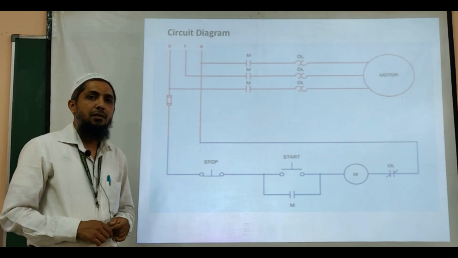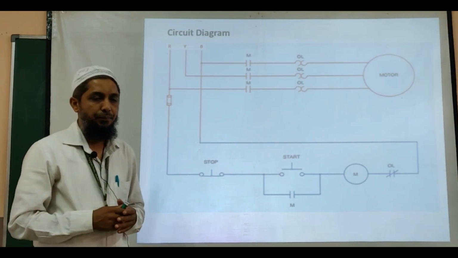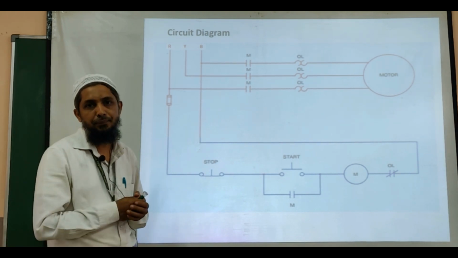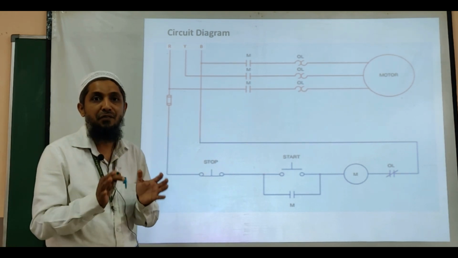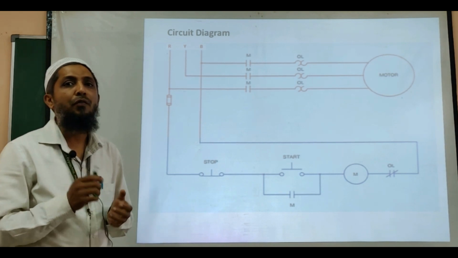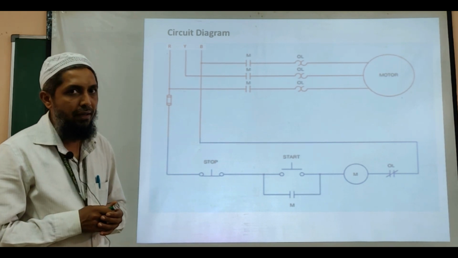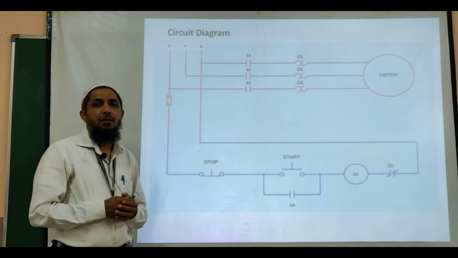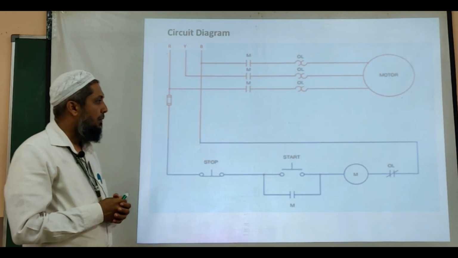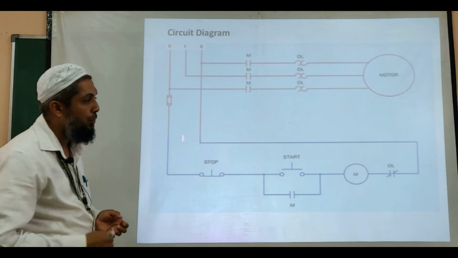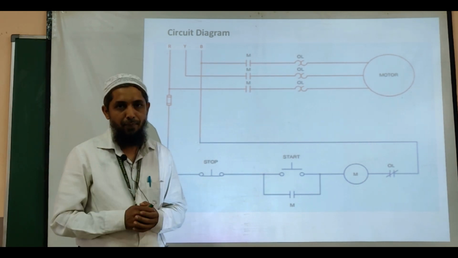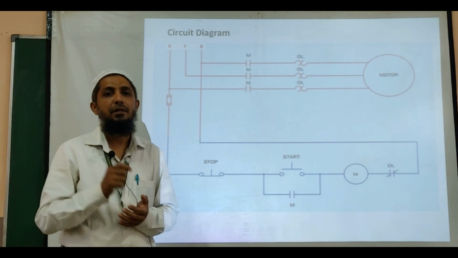Once the overhead tank is filled, how do you come to know that it is filled? It is by observing the overflow of water in the overhead tank. To avoid this manual work, how can we improve this circuit so that the motor stops automatically once the overhead tank is filled?